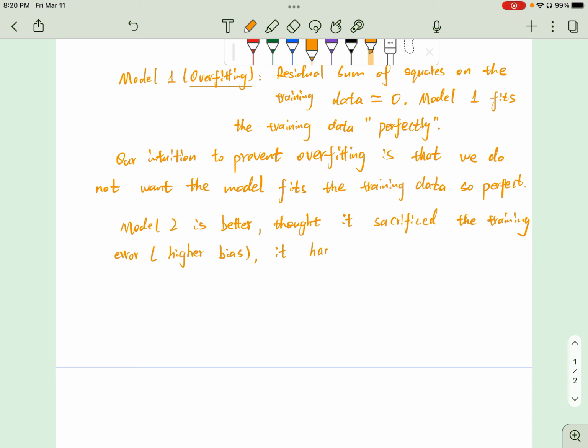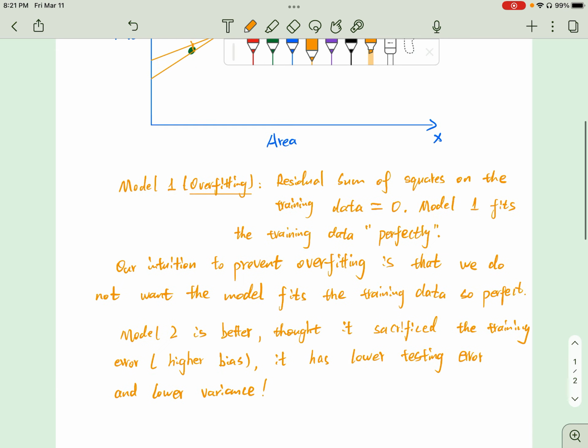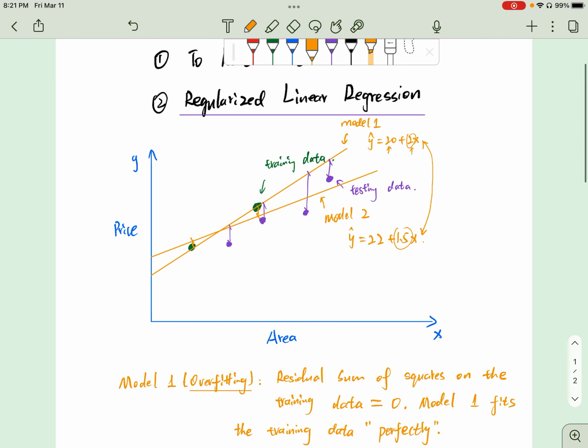So here model 2 will have higher training error, but the benefit is that it has lower testing error, and thus lower variance, right? So we can compare model 1 and model 2 here.